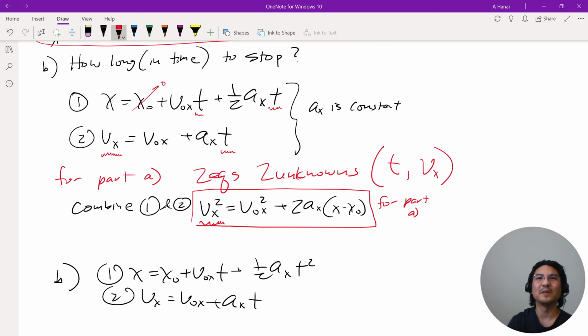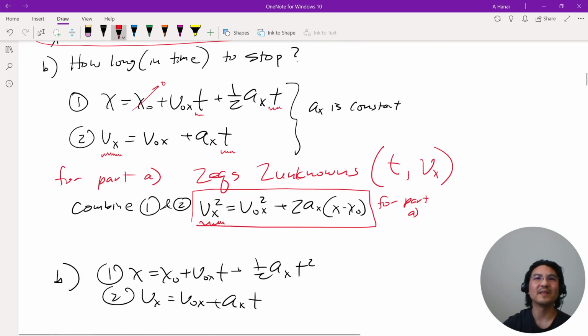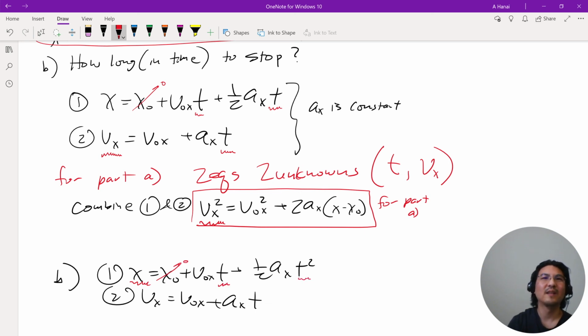I don't know the distance to stop. I don't know the time to stop. If you come to a complete stop, the final velocity is 0, right? And then I know this. So there we go, two equations, two unknowns.